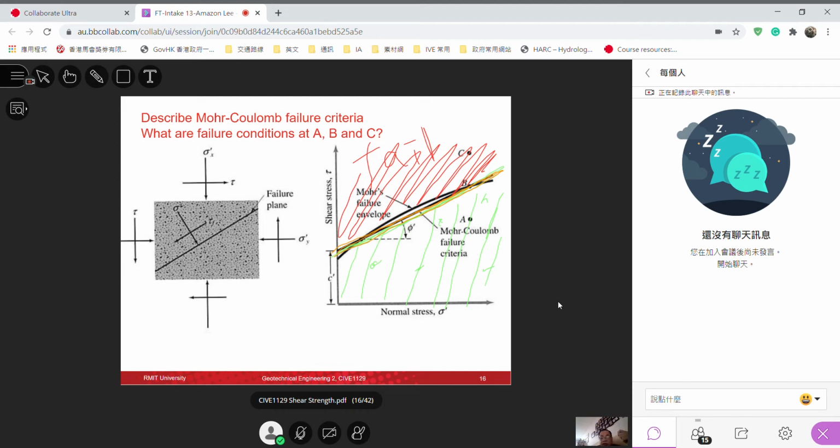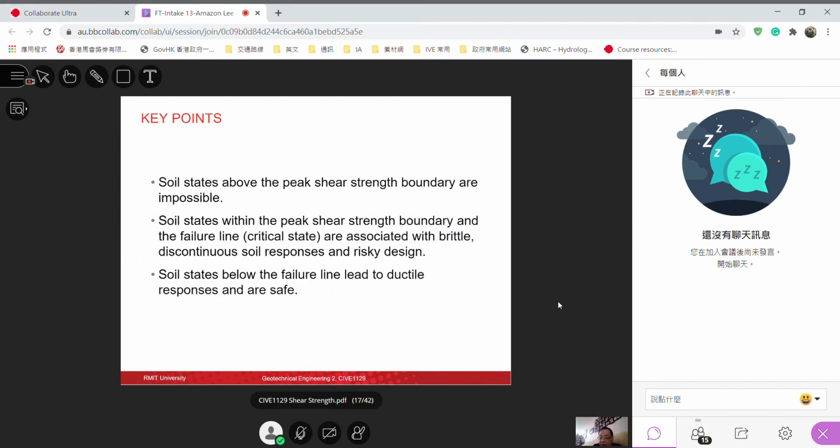Before that we were saying that this Mohr-Coulomb failure criteria is a boundary between a safe and unsafe zone.